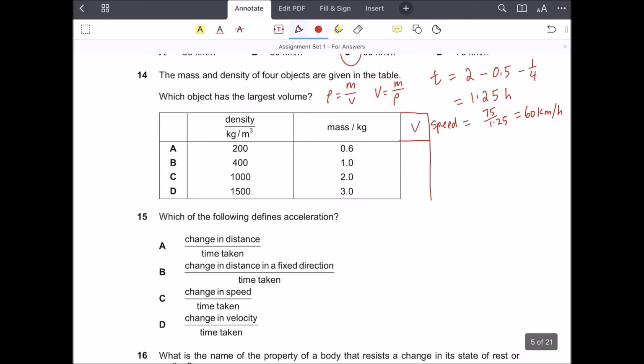I'll just write for the first one, 0.6 divided by 200, which is 0.003. If I do the same for the rest, I'll get the answer as follows. You can try it on your own if you got this question wrong. And from here, I can see that the answer will straight away be A.